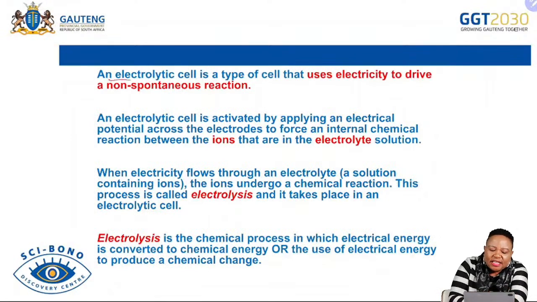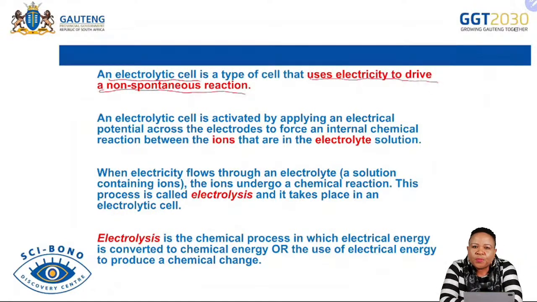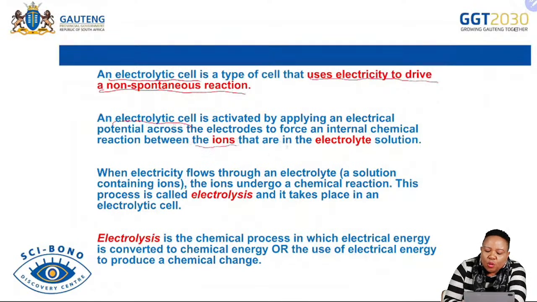As I said, electrolytic cells are cells that use electricity to drive a non-spontaneous reaction. Remember, the reaction will be based on the energy that you are going to get from our power source. Also, you need to know that an electrolytic cell is activated by applying electrical potential across the electrodes to force the internal chemical reaction, whereby there will be ions, which is going to be our electrolyte solution.